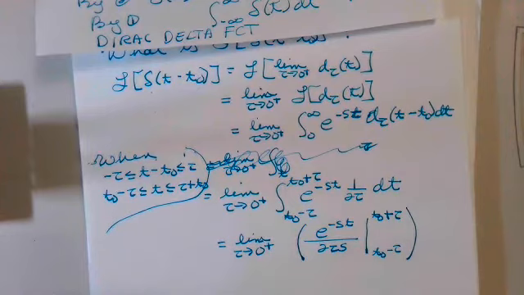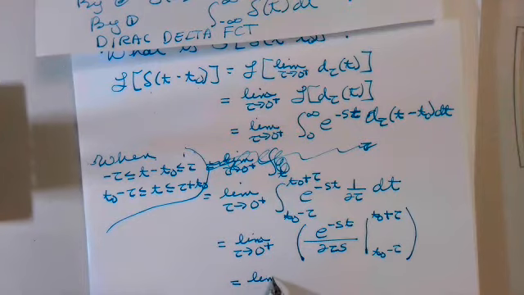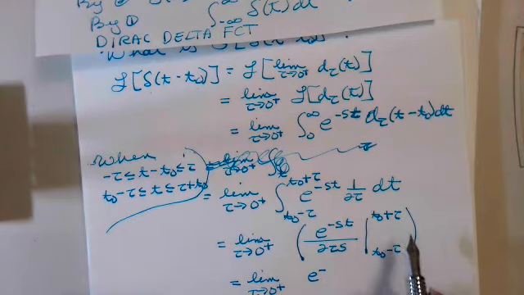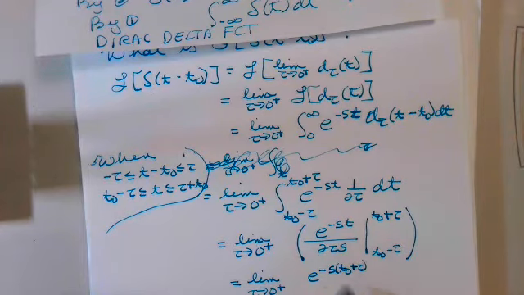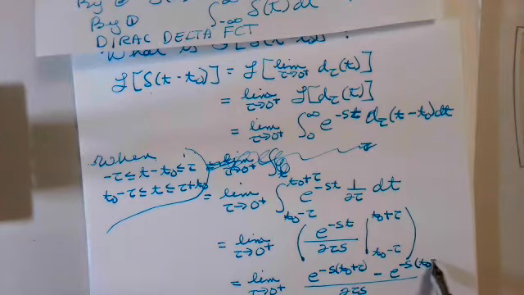So this will be the limit as tau goes to 0 from above. Now we're replacing t, so we will get e to the minus s t naught plus tau over 2 tau s minus e to the minus s t naught minus tau.